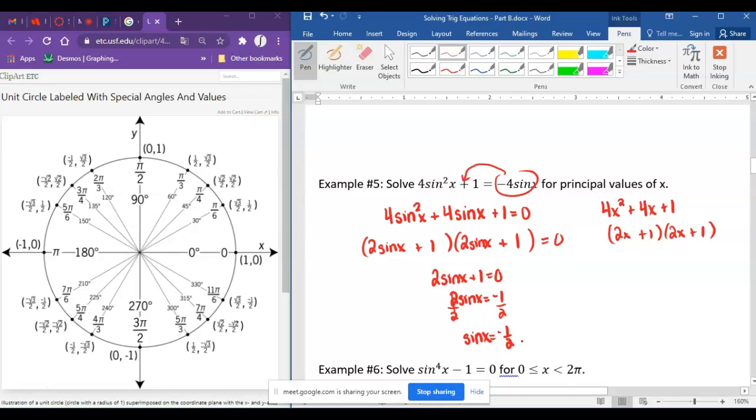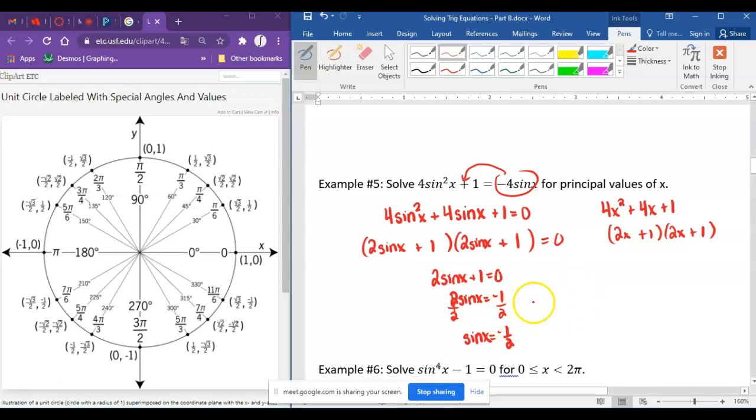Okay, questions before we finish this one up? All right, so we're looking for where sine x equals negative 1/2 over here on our unit circle. This is principal value, so for sine, that's first and fourth quadrant. And we've got negative 1/2 right here for our y-coordinate. It's 11 pi over 6, but that is not a principal value.